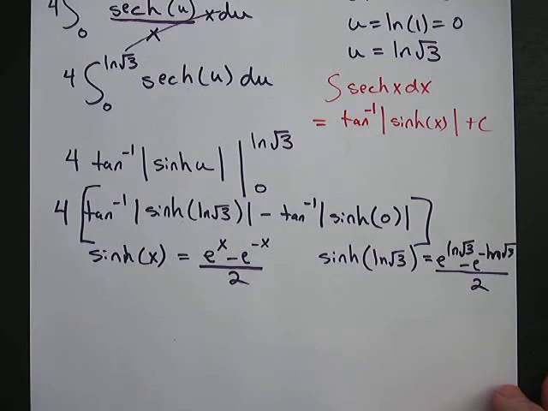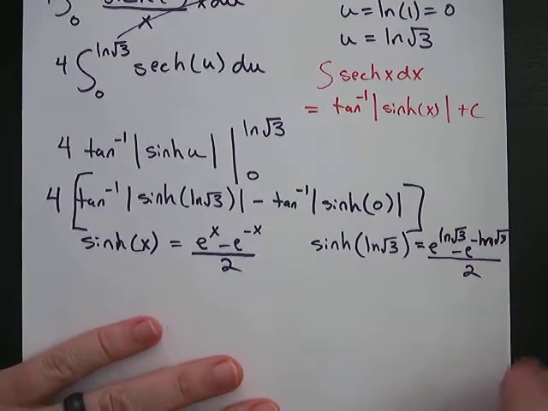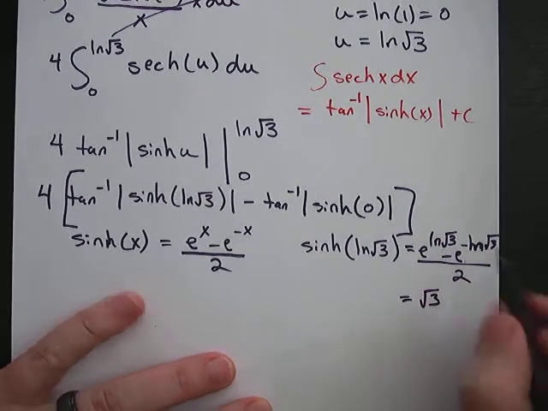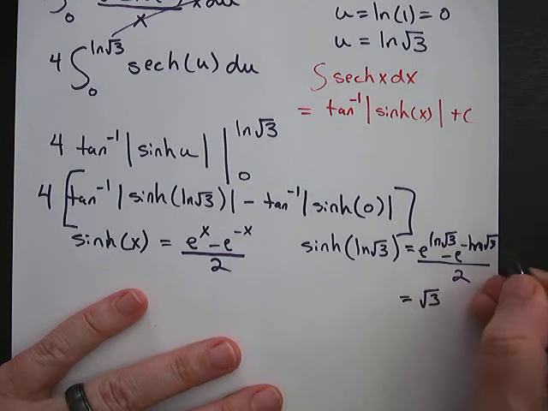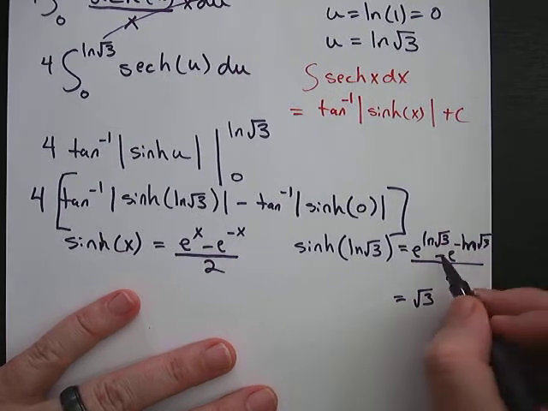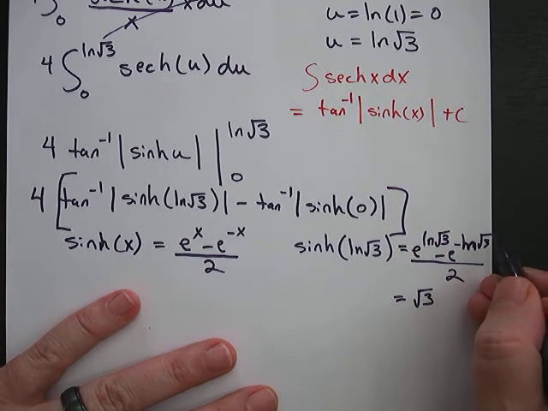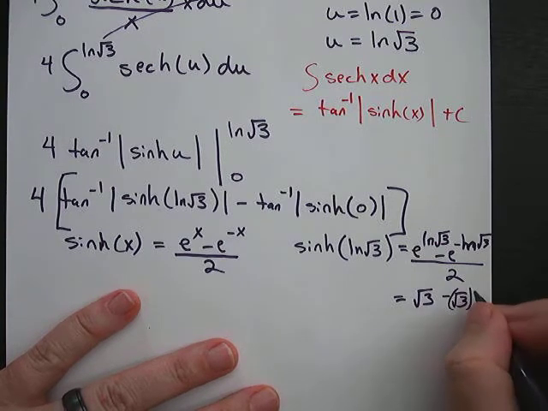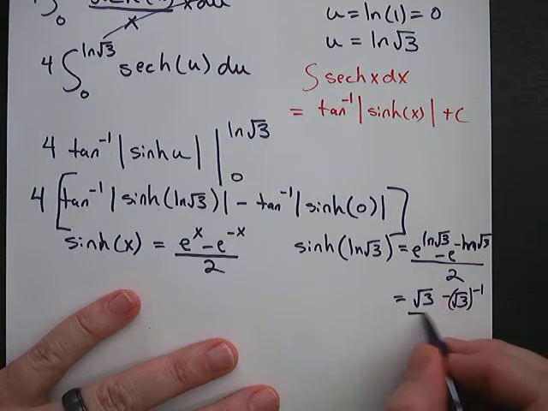Okay, so just like we did in the previous problem, when the e and the ln get together, they cancel. So the first one is just going to become square root of 3. The second one, you need to bring this negative up and make it an exponent. That's logarithm rules. Okay, so it would be a negative exponent of the 3. So then it would cancel, and you'd get minus square root of 3 to the negative 1 power over 2.